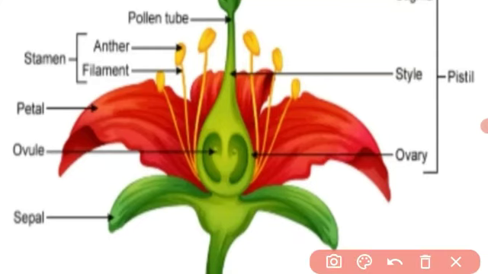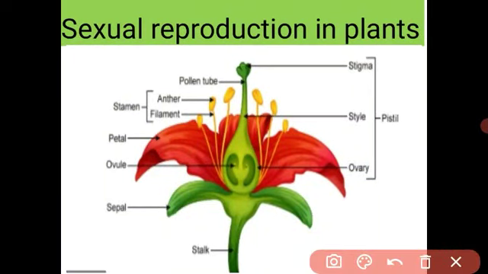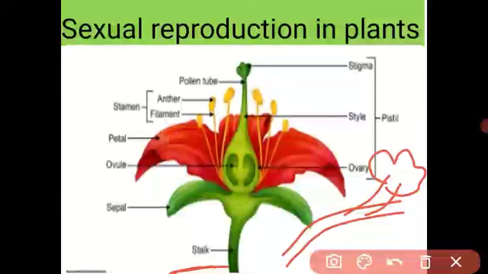See, students, this part of the flower is called the stalk. Stalk means the flower is attached to the shoot. See, this is the branch and the flower is attached to the branch. This part which helps the flower attach to the branch is called the stalk.